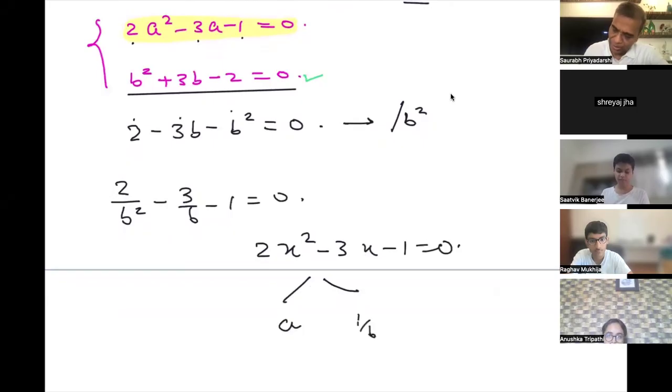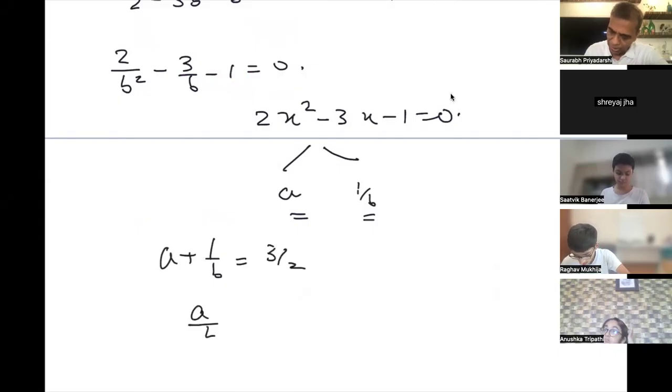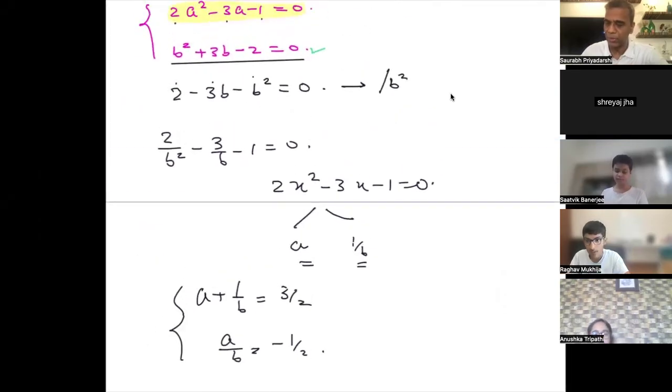One is a and the second is 1 by b. So the sum of the roots is minus b by a and the product is c by a. The rest of this you know.